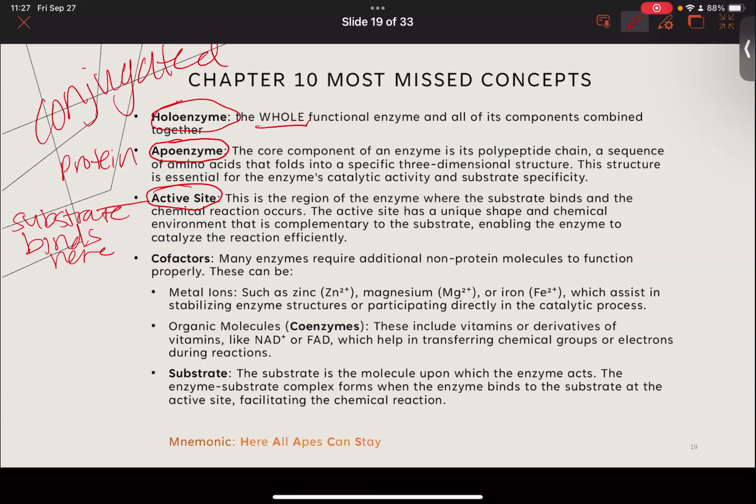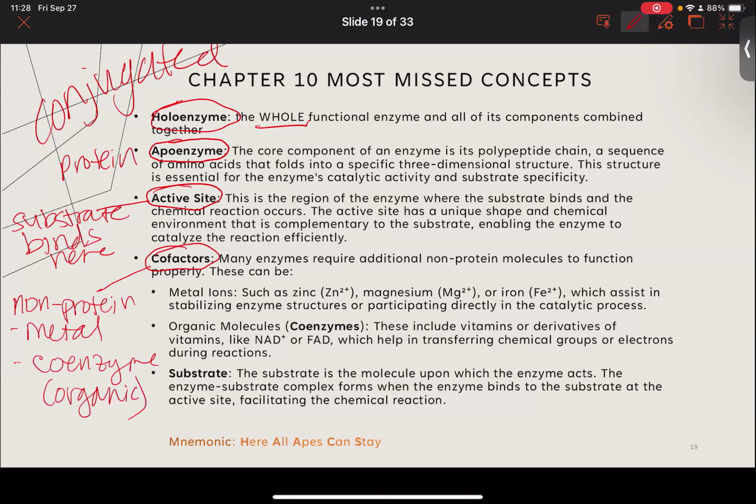All right, cofactors. This is any other non-protein thing that you need. So there's always non-protein. It could be things like metal, or it could be organic, in which case it would be called a coenzyme. Organic doesn't mean protein, right?